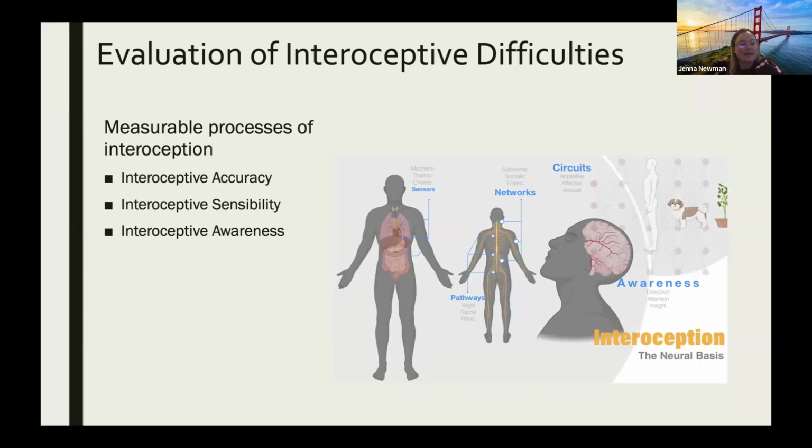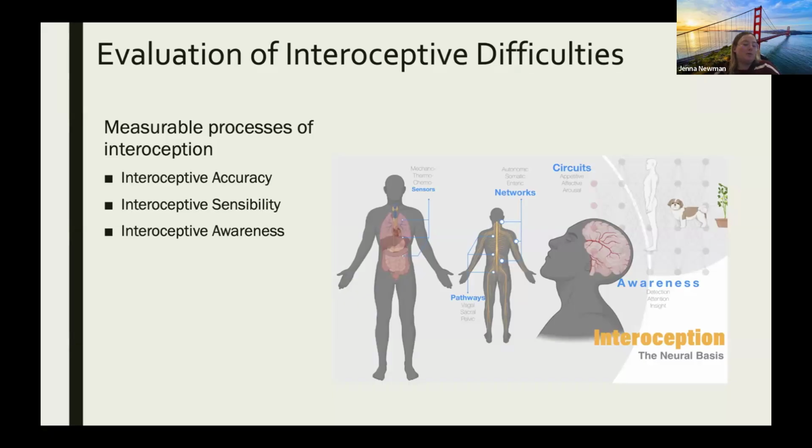The second process is interoceptive sensibility. And this is your self-reported belief or your perceived tendency to notice internal body sensations. So the question that can be asked in this area is, how aware do you think you are? It is often measured through self-report questionnaires. Some of those include the Multidimensional Assessment of Interoceptive Awareness, or the MAIA, or the Body Perception Questionnaire, the BPQ.